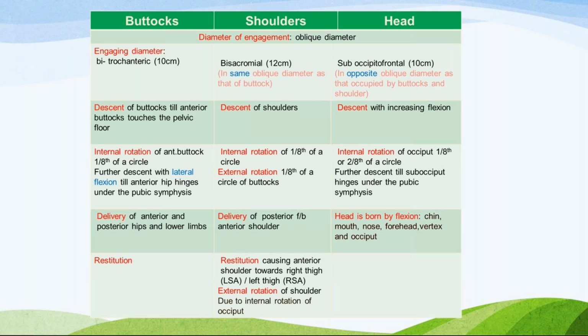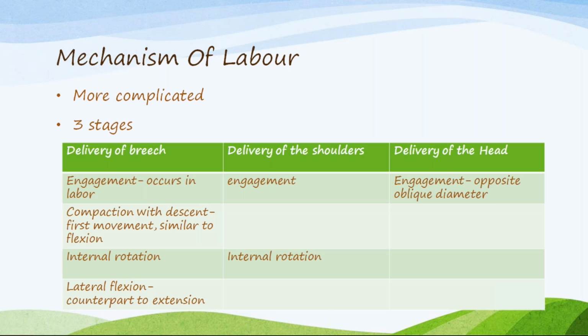And restitution occurs, where whatever was over-rotated reverts back to the same position. So the first stage is breech delivery, the second stage is shoulder delivery. Again, the most difficult thing is delivery of the aftercoming head.